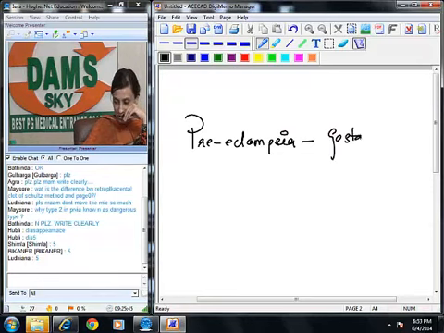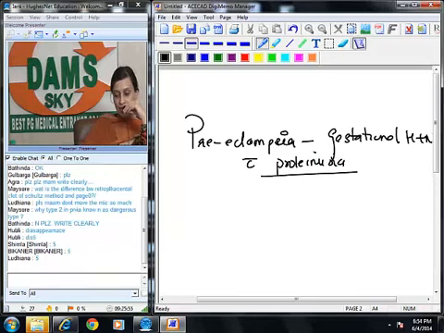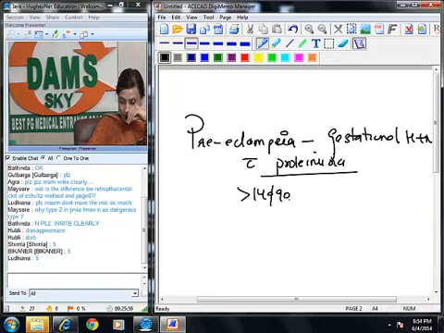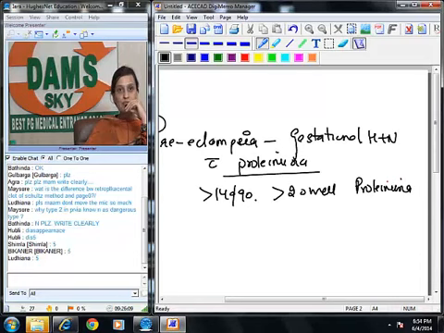It is gestational hypertension with proteinuria. So when there is a blood pressure of more than 140/90 and it occurs beyond 20 weeks and there is proteinuria, we call it a case of preeclampsia.